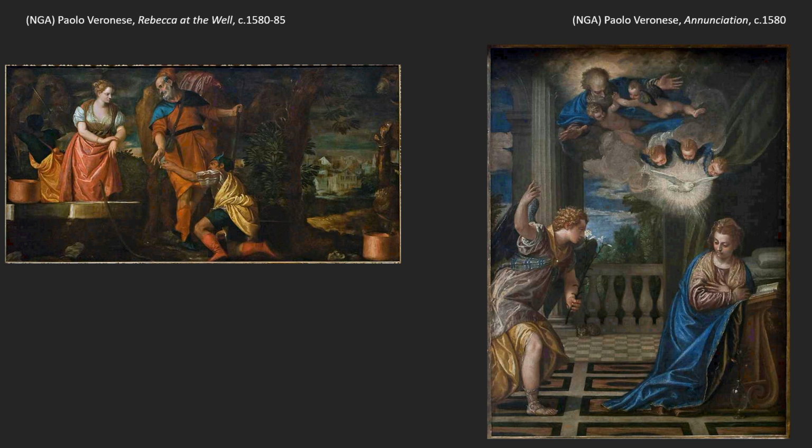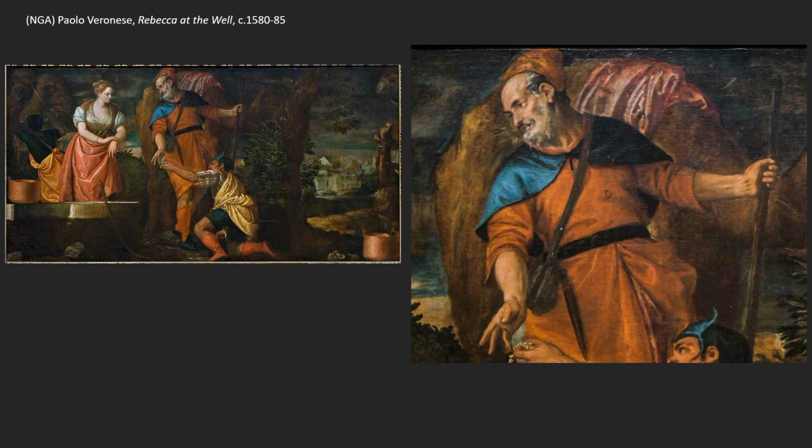That's who the man in red is, Eliezer. They were looking for a wife for Abraham's son Isaac, right? And it had been prophesied that they would find her in a far-off land.